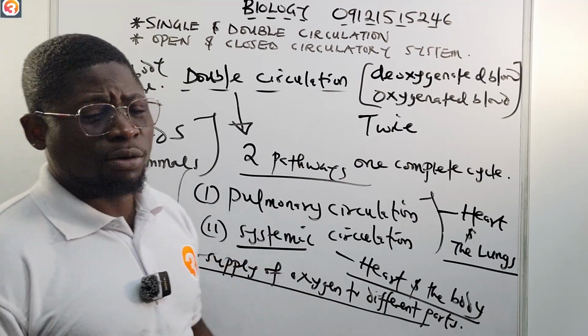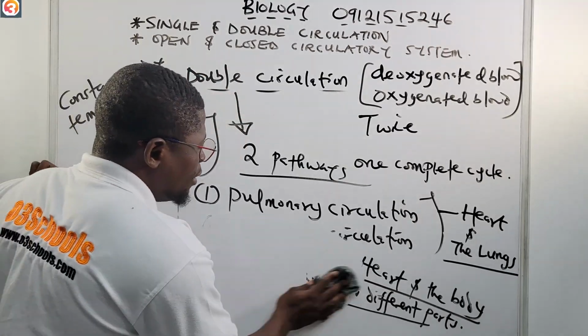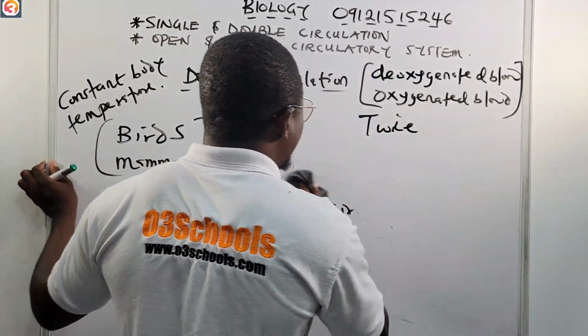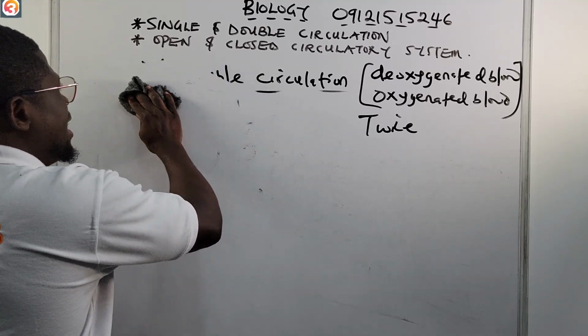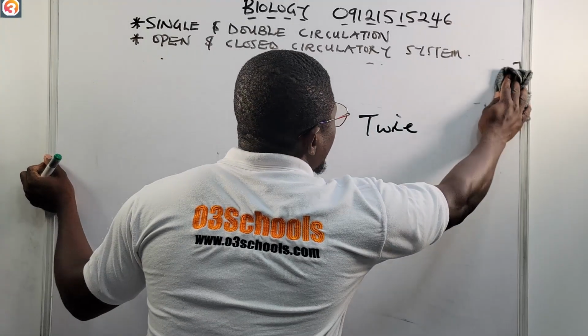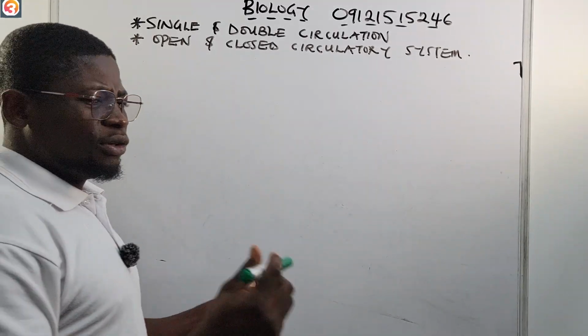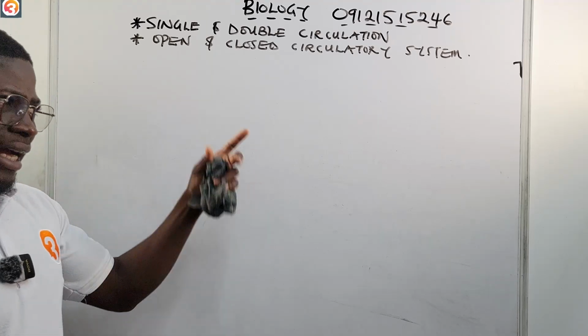All right, so let us look at some other organisms. How does circulation happen in other organisms? Let's talk about fishes, amphibians, and even reptiles. Let us consider those three. How is circulation different from mammals?